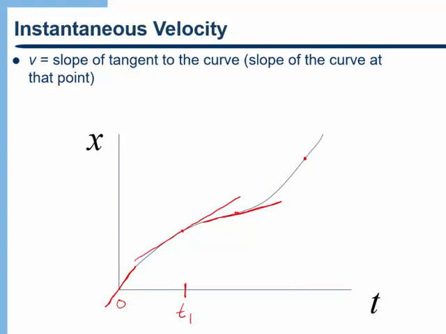And again, by the time the object is here, the slope of the x versus t graph is quite high, and so the velocity is higher again. So that's a really, really important point, that the instantaneous velocity is equal to the slope of the tangent to the curve of our position versus time graph.